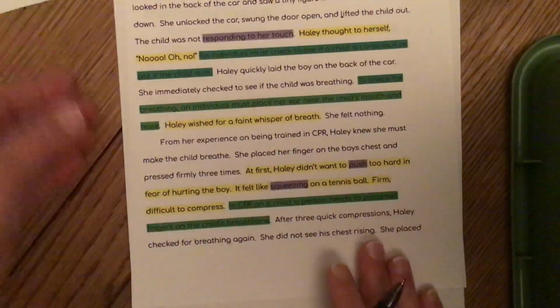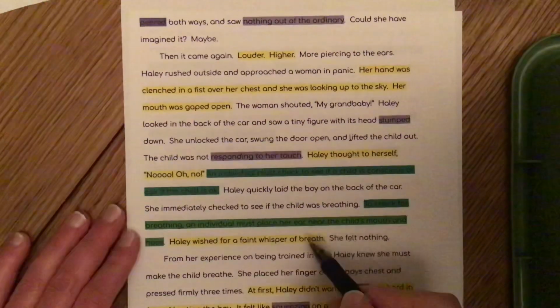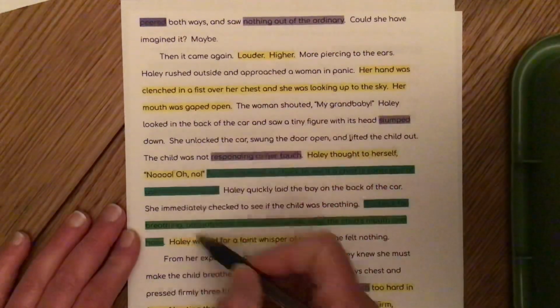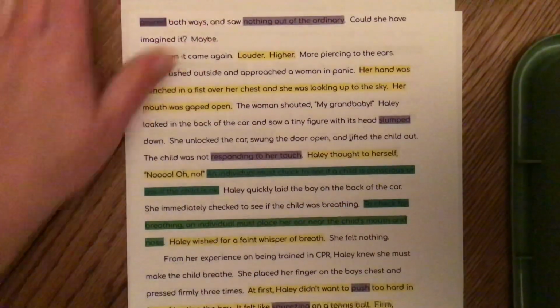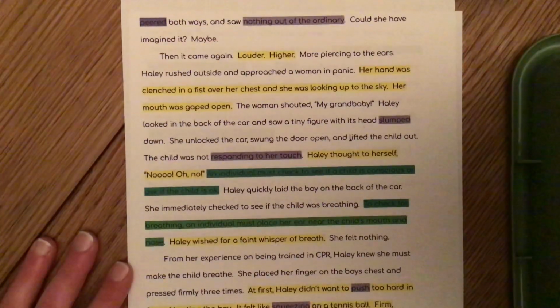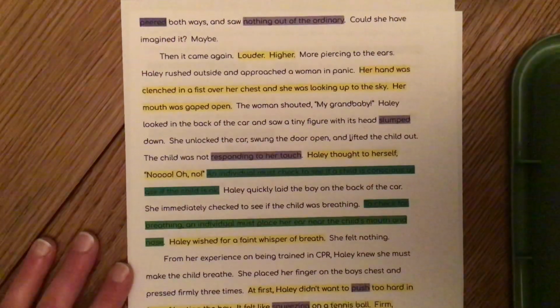It's catchy. It makes the reader wonder what is going on, interested in reading more. When I go to my second page, I have this big paragraph right here. This is the paragraph where Haley runs out of the house. She sees the grandmother. She sees the boy in the back of the car, and she pulls the boy out of the car and lays him on the back of the car.